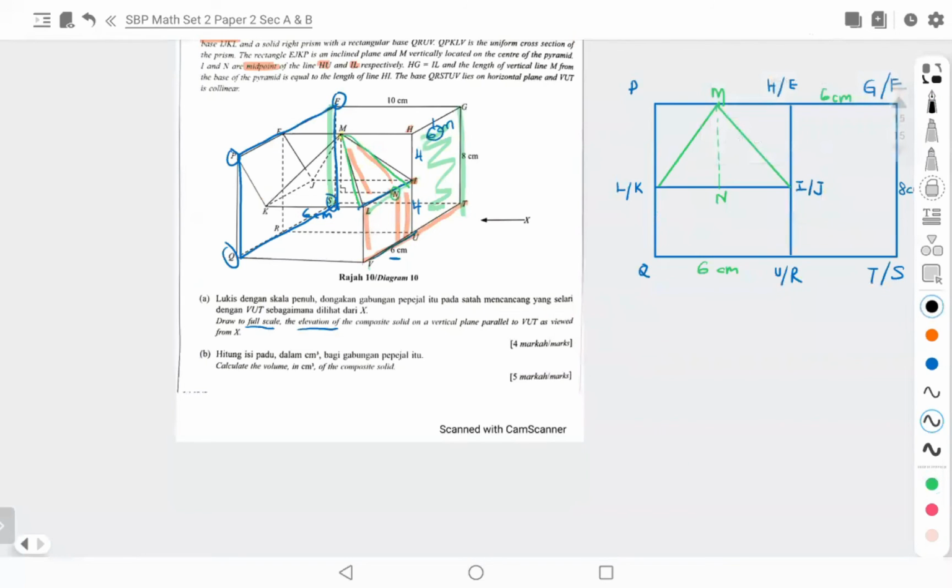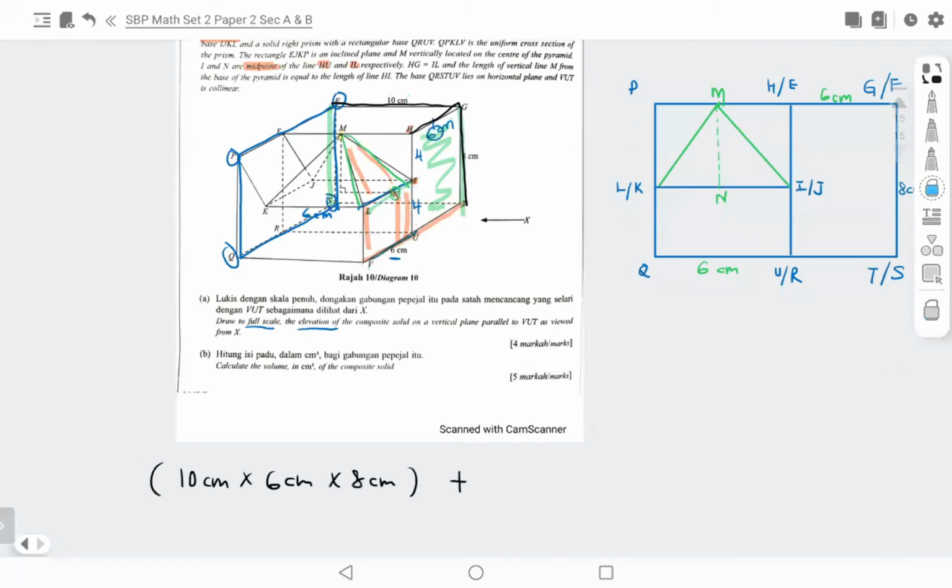So we find out the cuboid of this part. Cuboid is easy: length times width times height, 10 times 6 times 8. So the first cuboid is equal, doesn't matter.